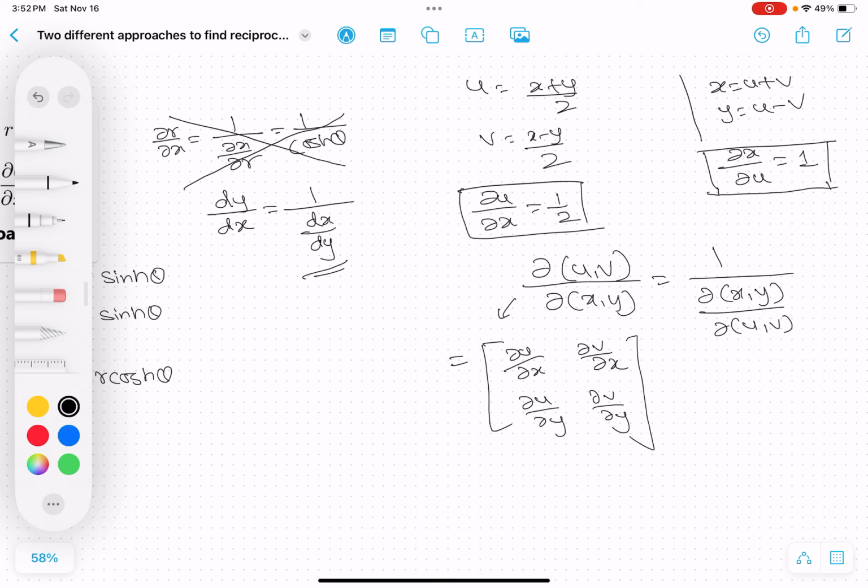So yeah, this can be reciprocated. So this will basically be equal to the reciprocal of this thing. So this is basically partial x by partial u, partial y by partial u, partial x by partial v, partial y by partial v. So it's inverse, right?